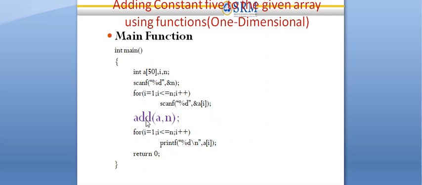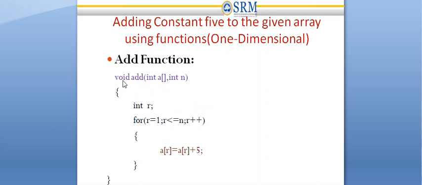When this function invocation is encountered by the compiler, the control will be transferred to the called function. The values passed during the function invocation will be substituted in the function prototype.